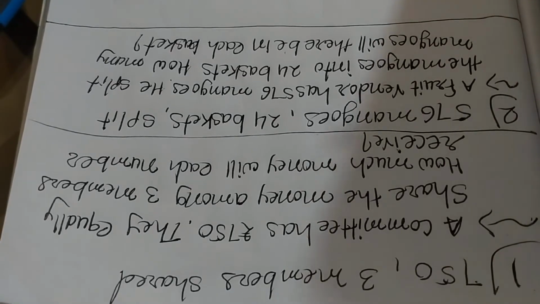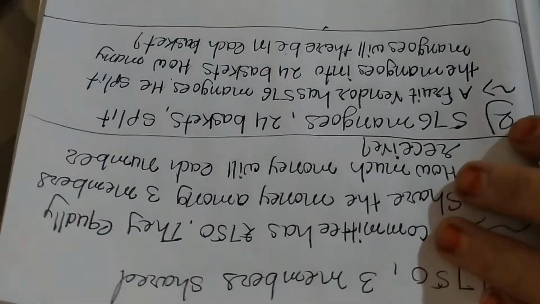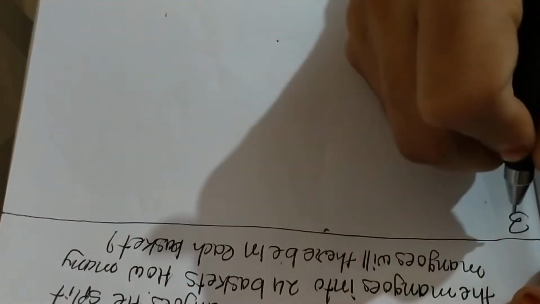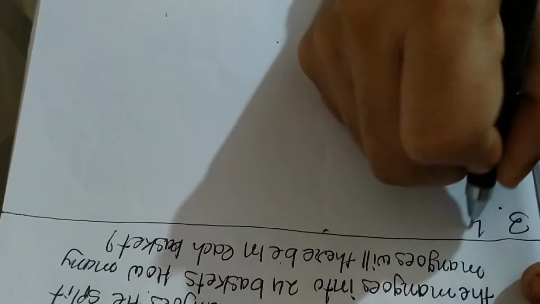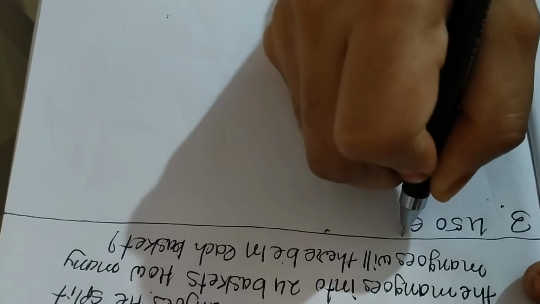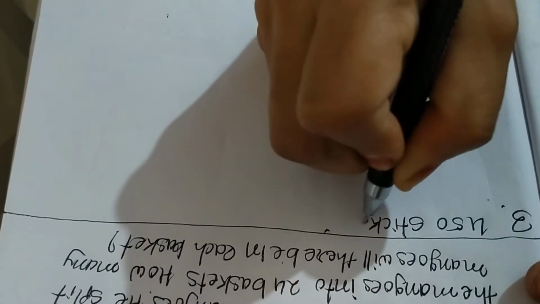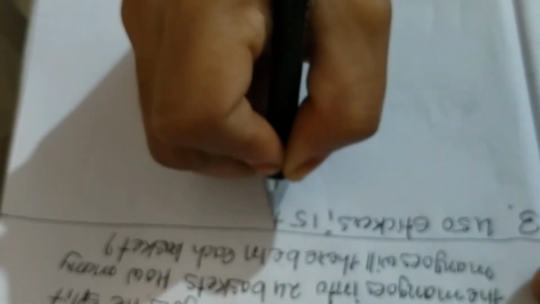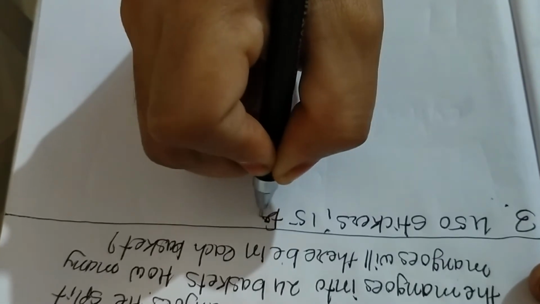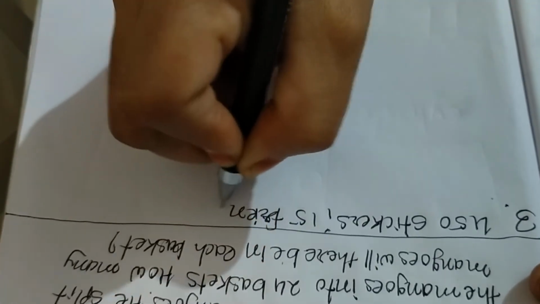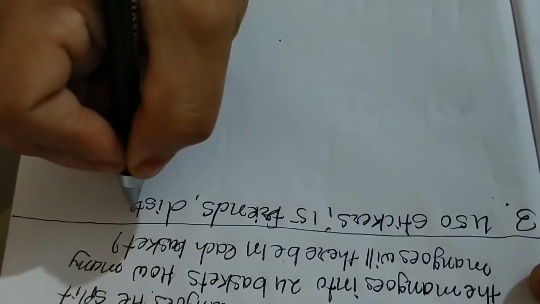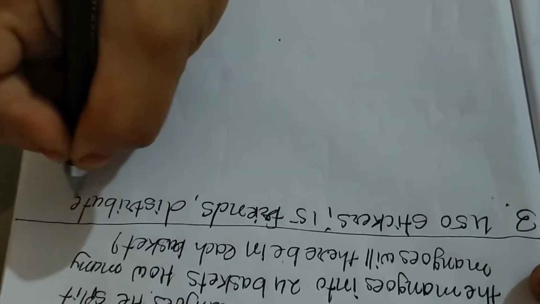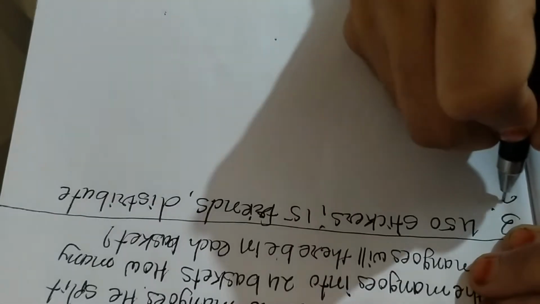Okay students, I hope your work is complete. Now we'll start the third question. The third question is: there are 450 stickers, 15 friends, and the keyword is distribute. So we have to write the question.